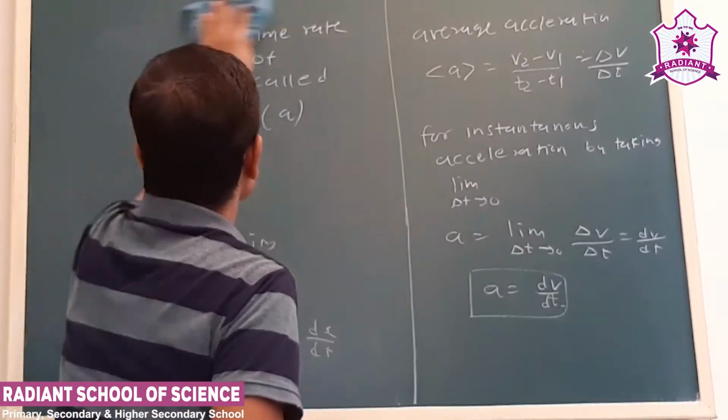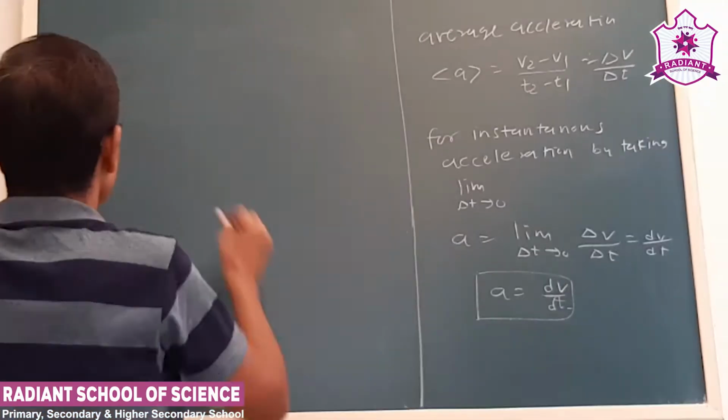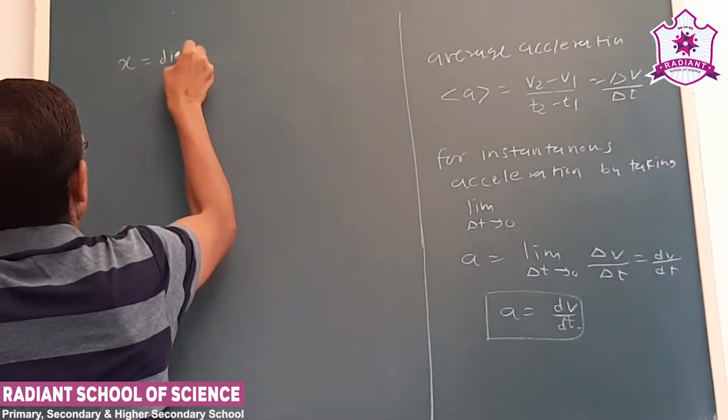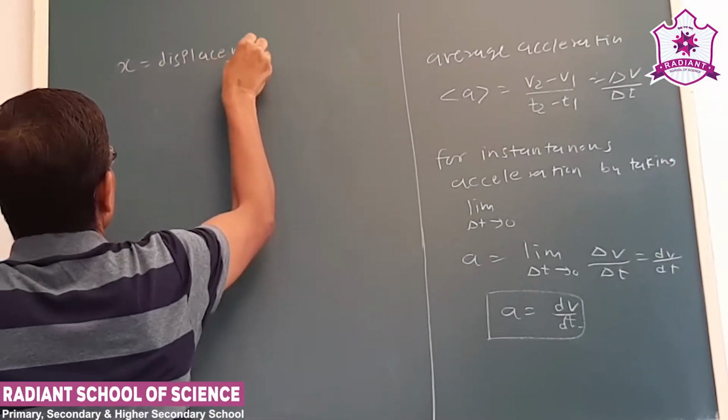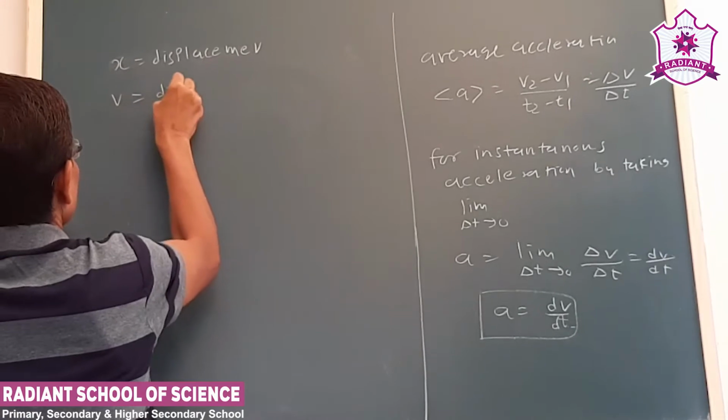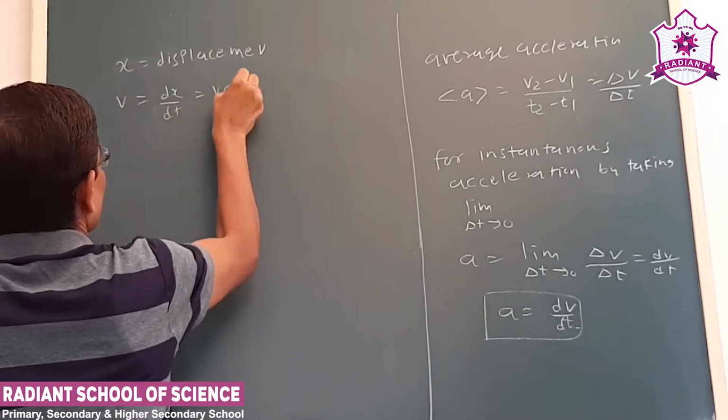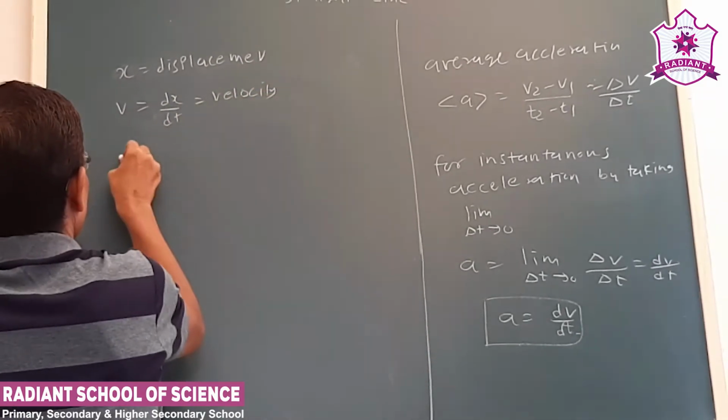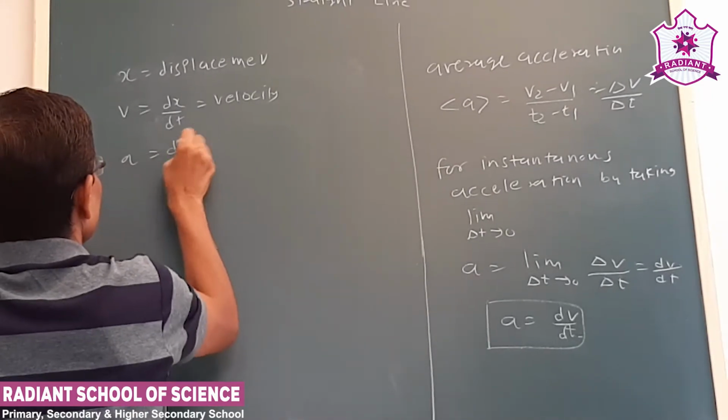Now initially we had displacement, which we denote as x. Now v is equal to dx by dt is velocity, and A is dv by dt.